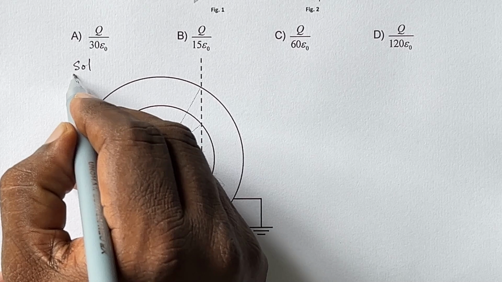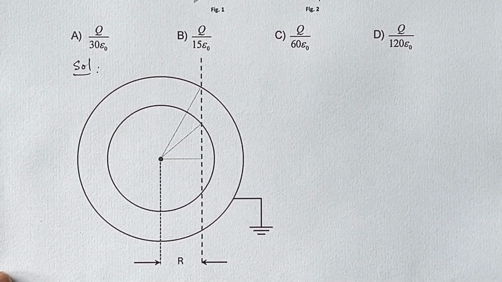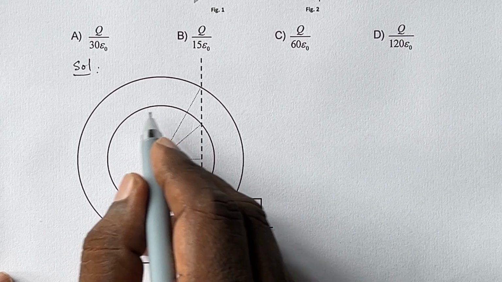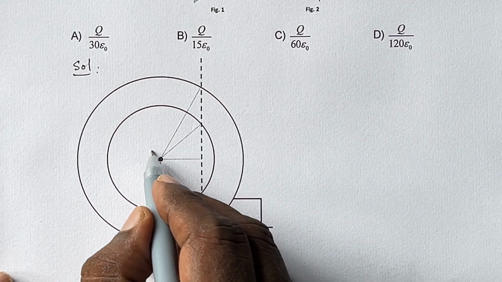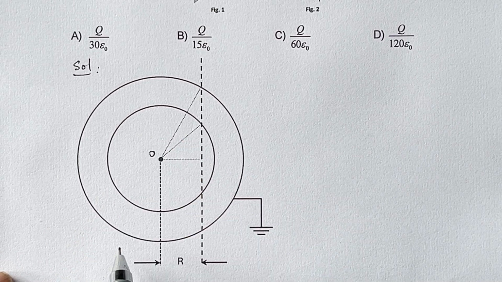So, solution. Here, this is the center of the circle, I will take it as O. This is R, which they have given.